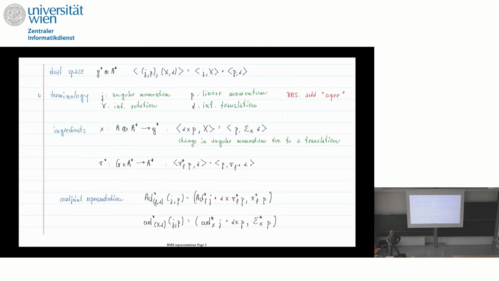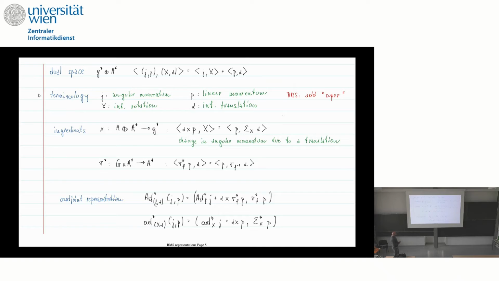That's really the slightly non-trivial part of the co-adjoint construction. The way to think about it is what happens with the orbital part of angular momentum, which is really x wedge p. So if you translate x, you produce with that an element of p star, angular momentum, if you want. And this is the definition, and this is what comes out if you really do the construction of the co-adjoint representation for this group. So that's the only non-trivial part of the construction.